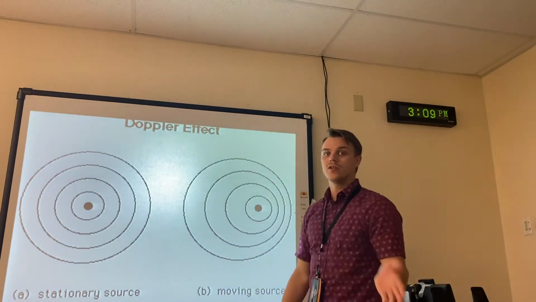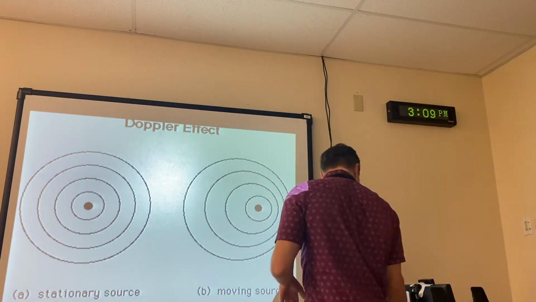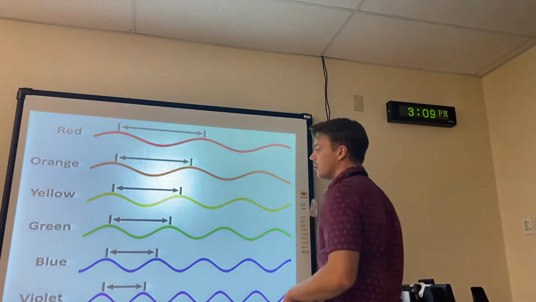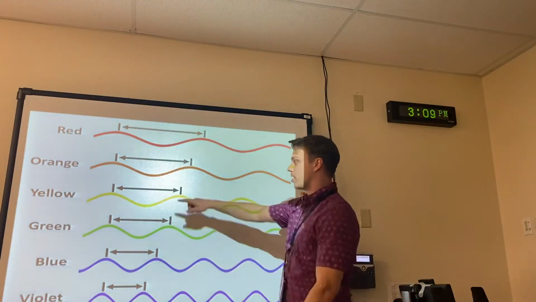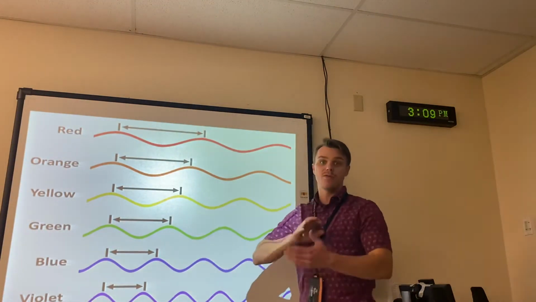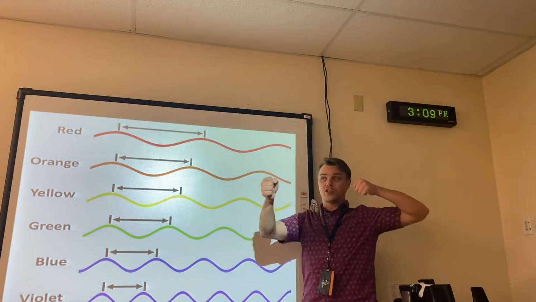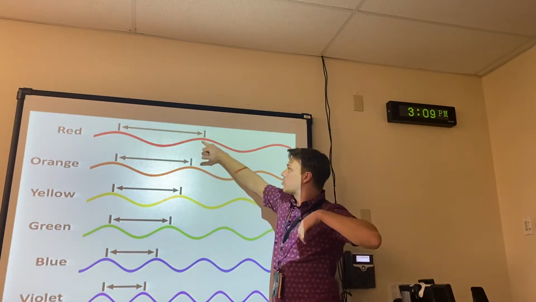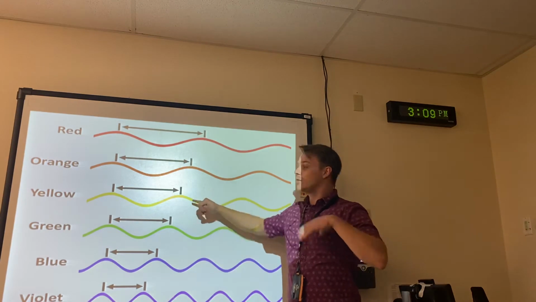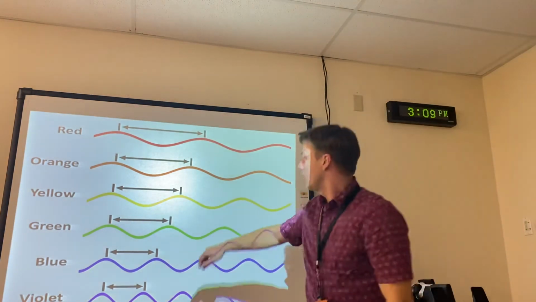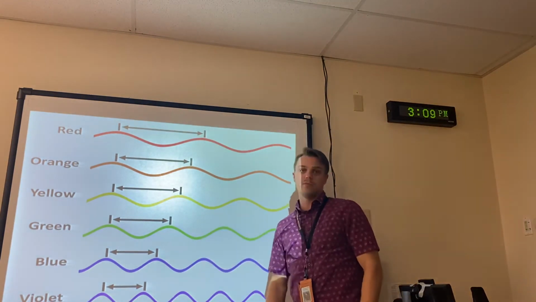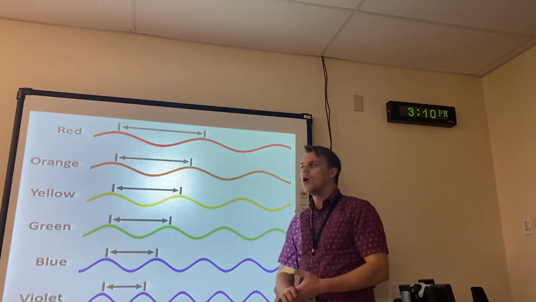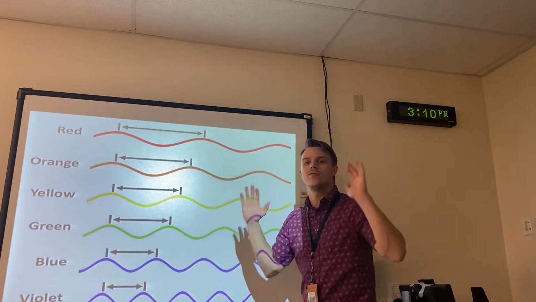Depending on which side we're at, we might see different things. If we go back to the colors, let's say we have something that's producing a yellow light. If it's moving away from us and that light is getting stretched out, the yellow will change to more of a red light. But if the yellow light is moving towards you, the light will become more of a blue color.